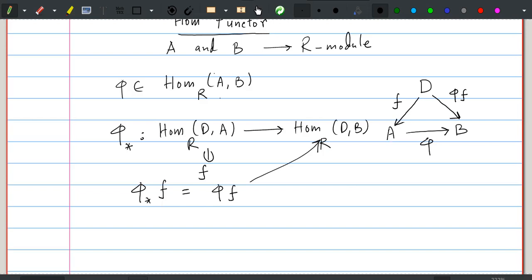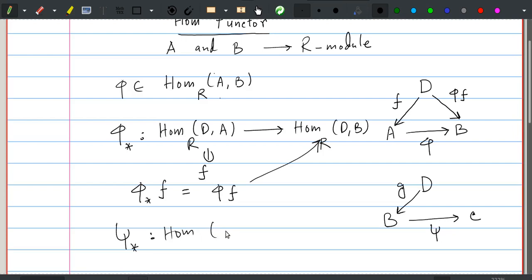Similarly, suppose we have a module homomorphism psi from B to C. So this is the module homomorphism psi, and this is module D. And suppose we are given a module homomorphism G from D to B. Then this psi induces a module homomorphism psi star from Hom(D, B) to Hom(D, C).